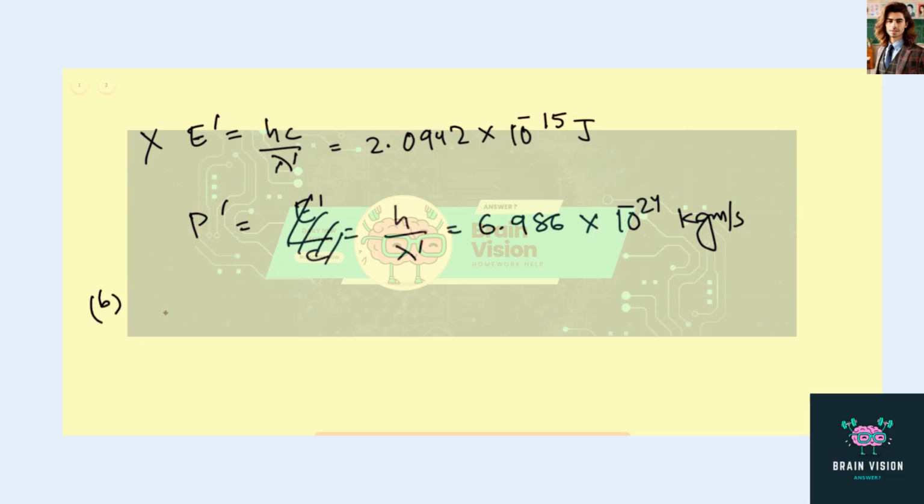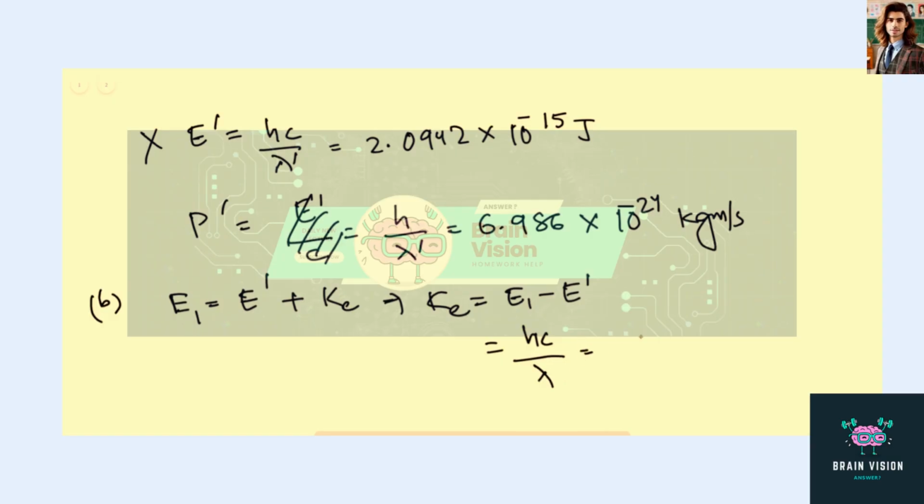Now in the second part, we have E1 equal to the energy of the scattered photon plus kinetic energy. So Ke will then be equal to E1 minus E dash, where E1 is the energy of the original photon and E dash is the energy of the scattered photon.